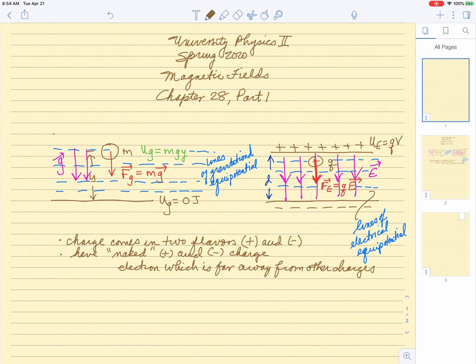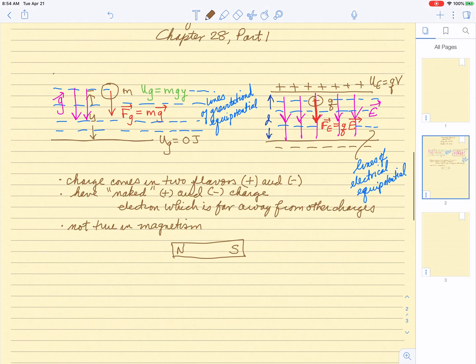That's not true in magnetism, right? So in magnetism, we can't have isolated north and south poles. So if you've ever played with a bar magnet when you were young, if you were to take that bar magnet and somehow break it in two, so that you would have two pieces, which look something like so, then you would establish again two smaller bar magnets, each with north and south poles.